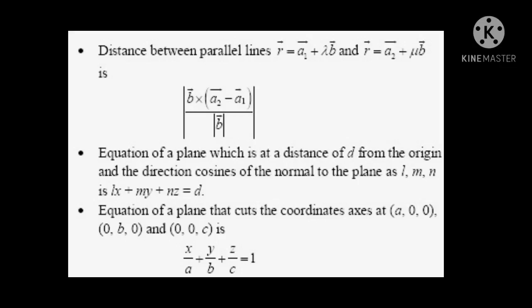If the direction cosines of the normal to the plane are L, M and N, then the equation of the plane would be Lx plus My plus Nz equals d.